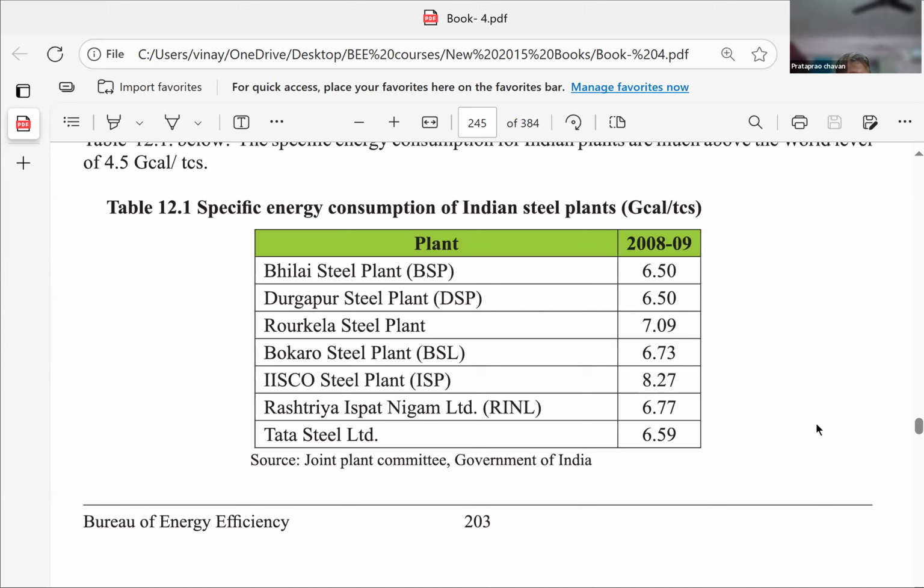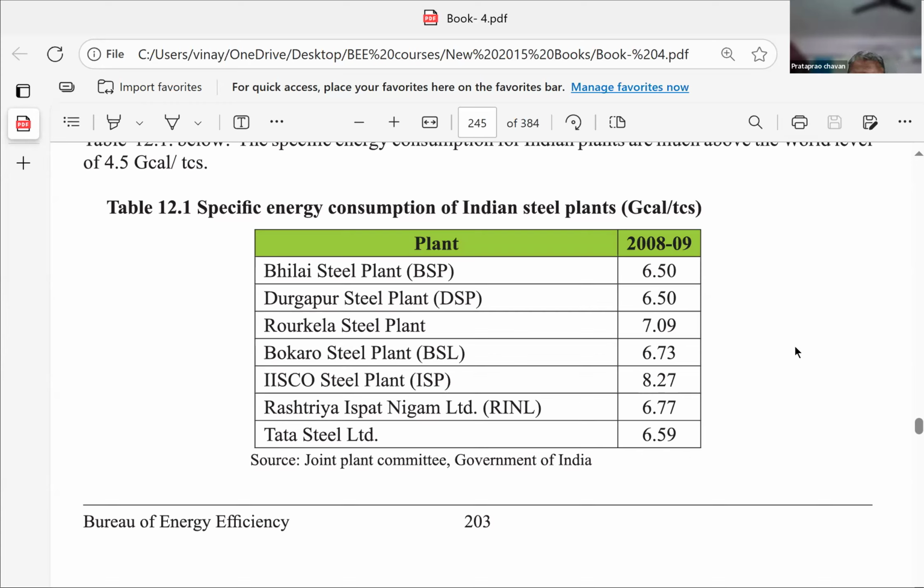So for electric arc furnaces, the production cost is very high compared to blast furnaces, which is a cheaper way of doing it. In the blast furnace, even a poor quality coal you will be able to use because you are converting that coal into coke before it is fed to the blast furnace.